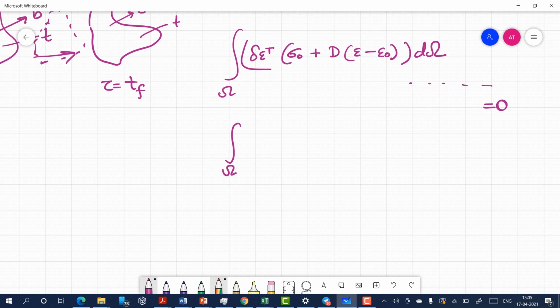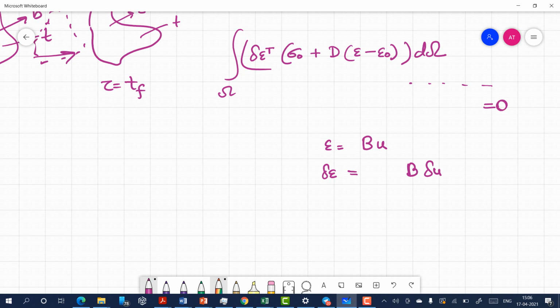Before doing this, we know that epsilon we can write as B matrix into the nodal values of the displacement or degrees of freedom. So in this case I can write del epsilon as B into del U, right?